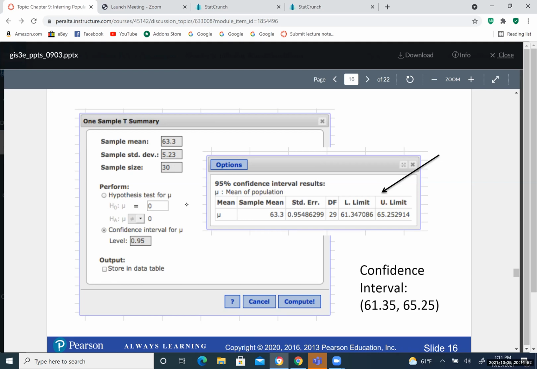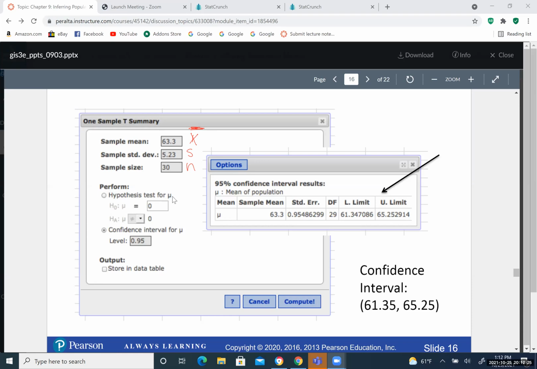In this box, you type in X bar, S, and sample size N. Because this is S, we're thinking about the t-distribution. So by running this, we go to one sample T summary. Later I will show you, and we have performed the following.